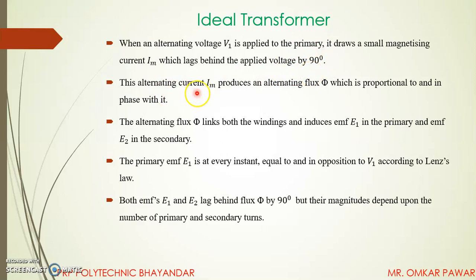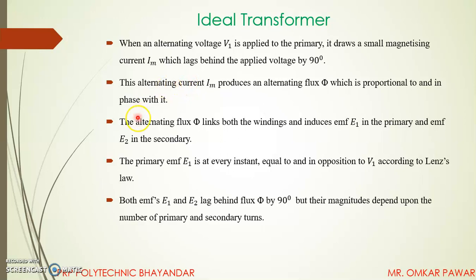This alternating current Im produces an alternating flux phi which is proportional to and in phase with it. So flux phi and current Im are in phase with each other, and lag behind the applied voltage by 90 degrees.